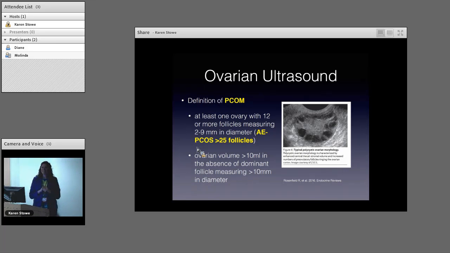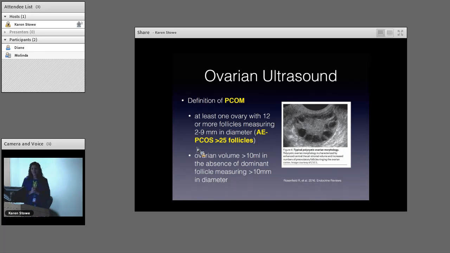So my first thought was, because there's a lot of reliance on getting an ovarian ultrasound, I don't find that the ultrasounds are often telling us the info that we want. If we're trying to say that you have to have 12 or more follicles that are 2 to 9 millimeters in size, I often just have multiple follicles, or it'll say cysts in the ovary, and there's nothing classified.